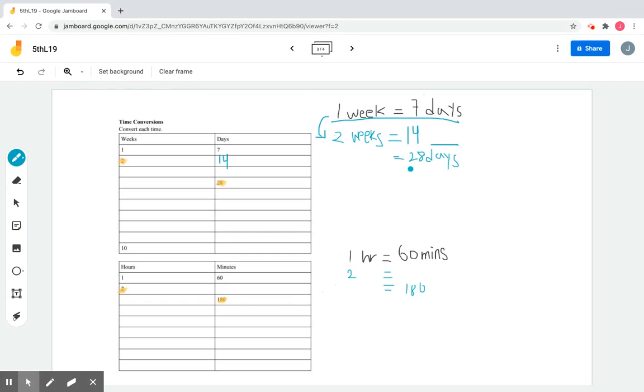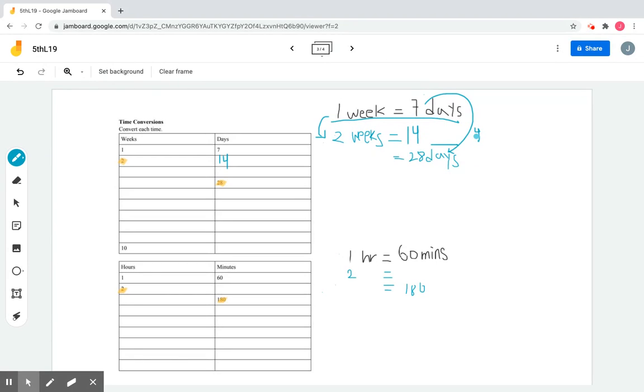And 28 days. So 7 goes into 28, right? We need to determine how many times. And we can divide 28 by 7. And 28 divided by 7 is 4.